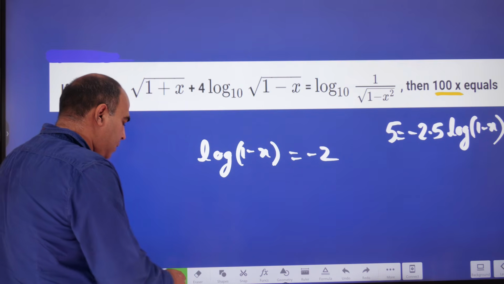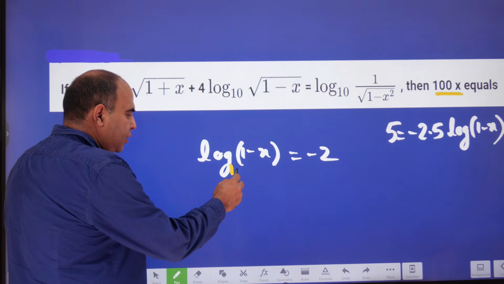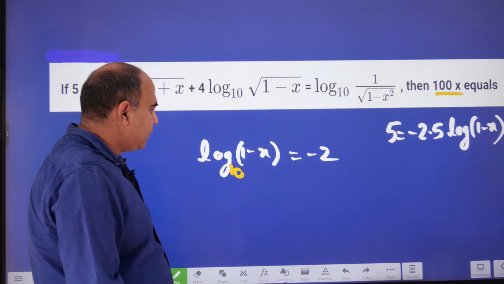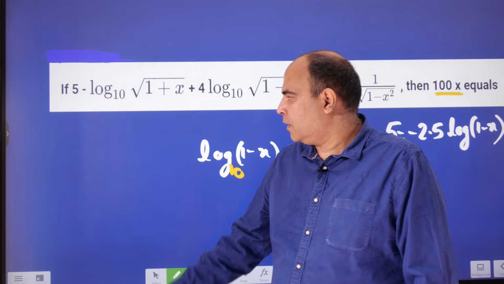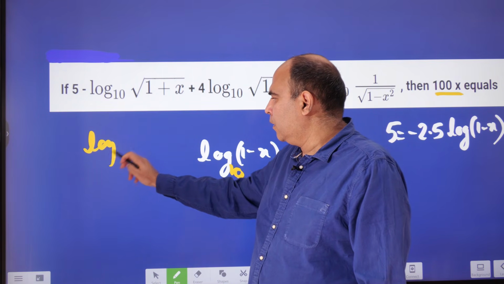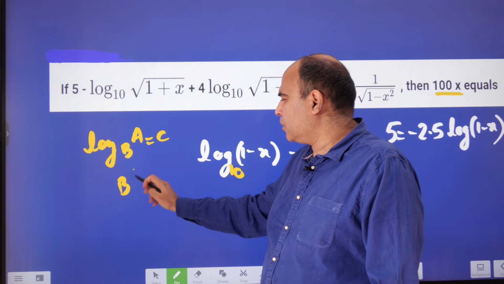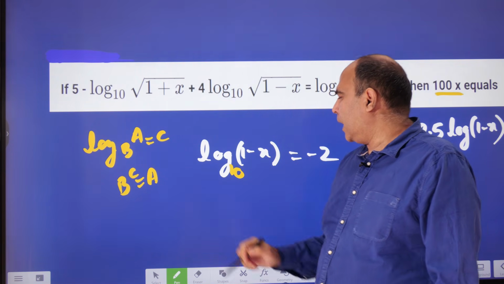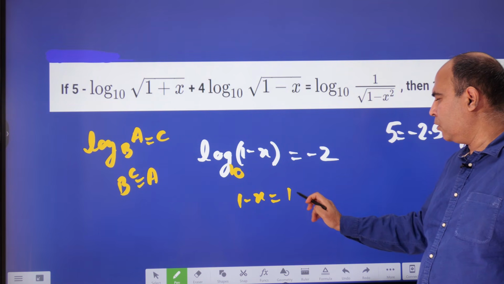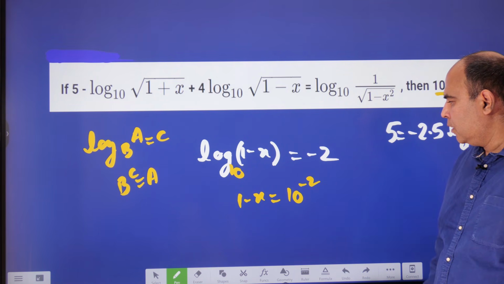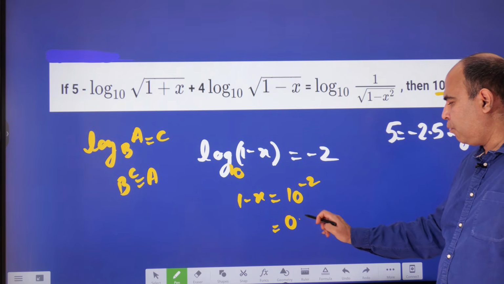And the last thing you have to use here is the definition of logs. And at this point I'll bring back my reaction that this is on the base 10. The definition of log says that if log a to the base b is equal to c, then b raised to c is equal to a. So using that, I can write 1 minus x is equal to 10 raised to minus 2, which is basically 1 by 100, 0.01.